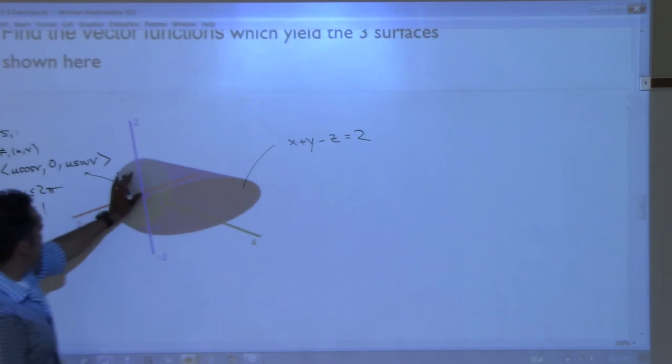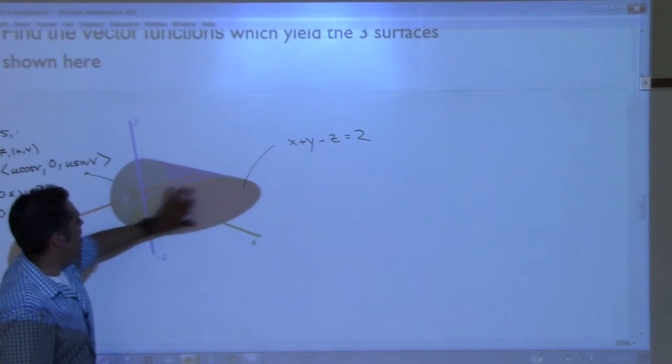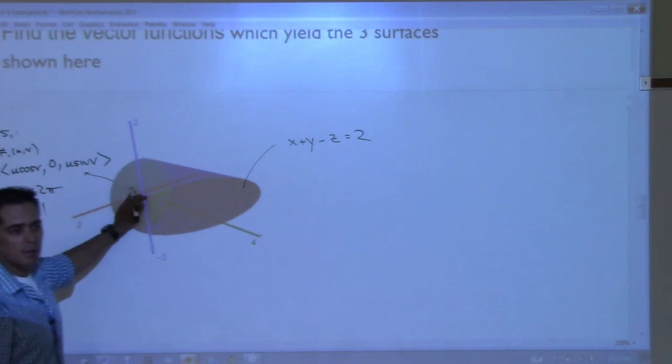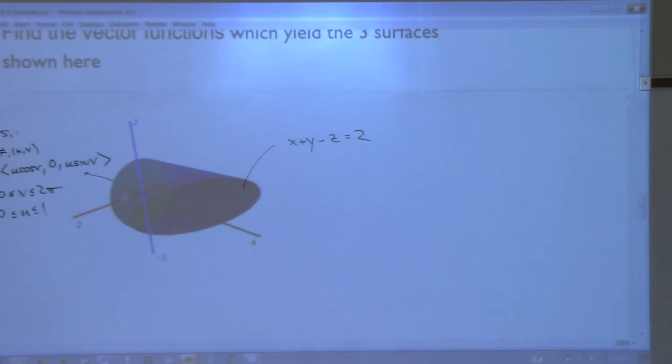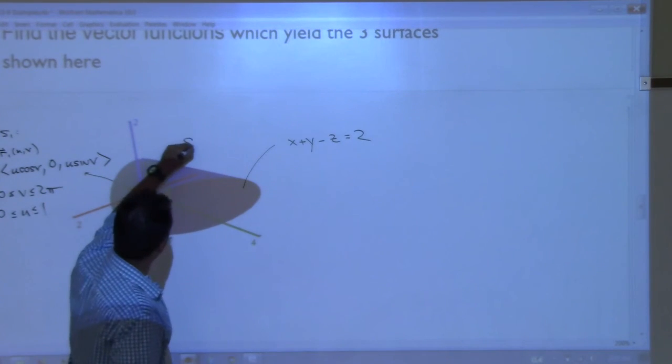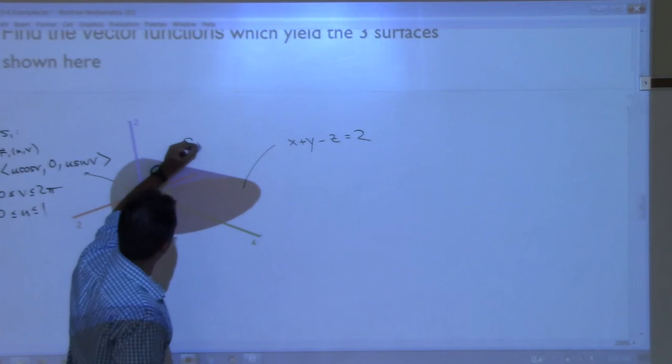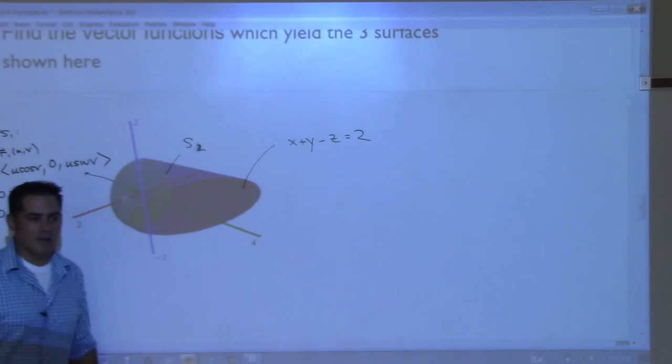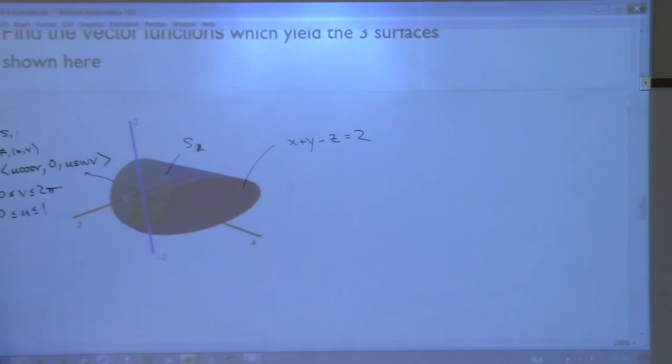Let's try and draw this part right here. Not the plane, this part. How do we do this one? S2. So think about as you draw that. Why is it going to be stopped by the plane?